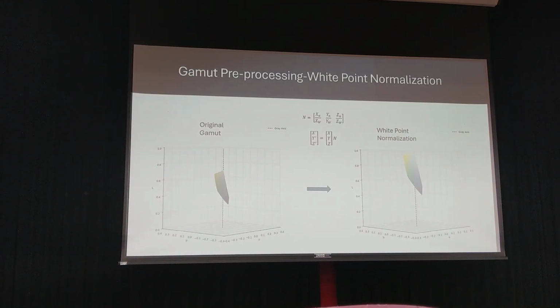And next, in the pre-processing step, white point normalization is a critical first step. Since OKLAB is a nonlinear space, this normalization must be performed in the linear XYZ space by calculating the ratio between the D65 reference white and the initial e-paper white primary value.